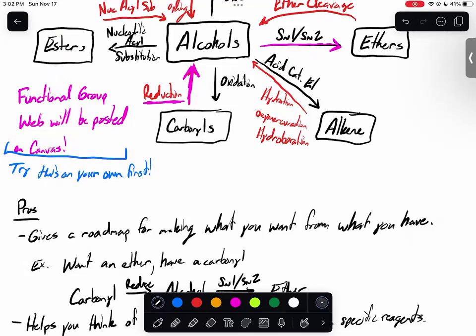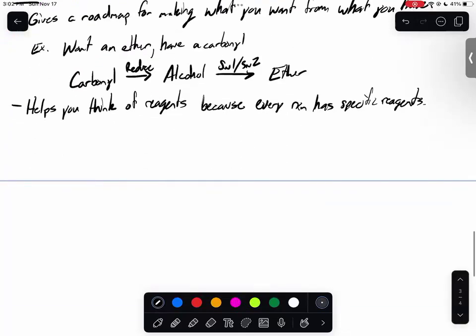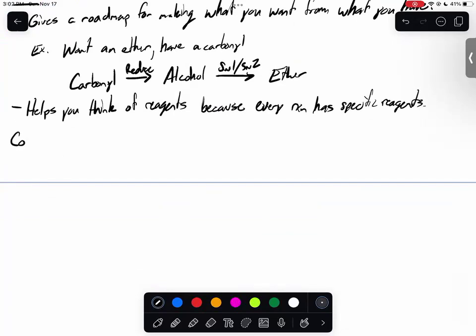That being said, there's one very important con that comes along with this. This can be memorized, which doesn't sound bad at first, but that lacks critical information for each reaction.